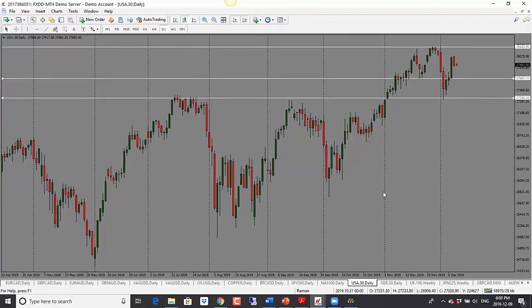But if we see any kind of positive comments in regards to the US and China, all these equity indices are likely to turn based on any kind of positive comment. So just keep an eye on that. We're getting very, very close to when the tariffs are supposed to go on.